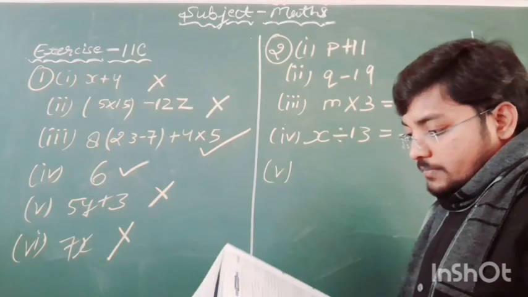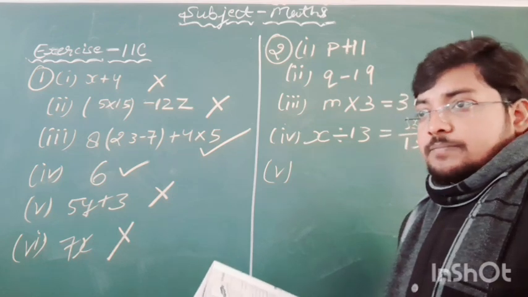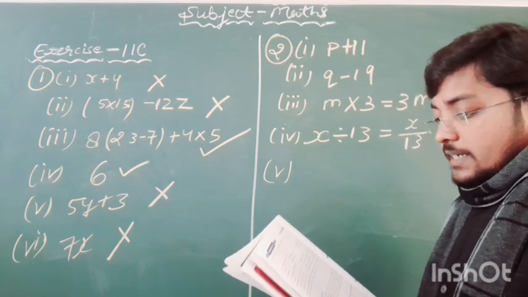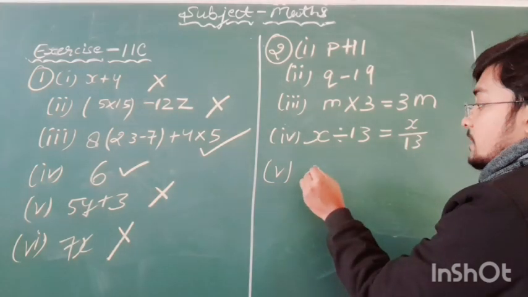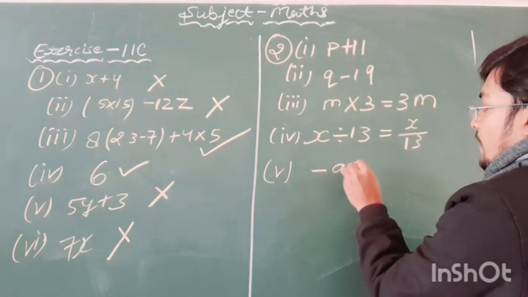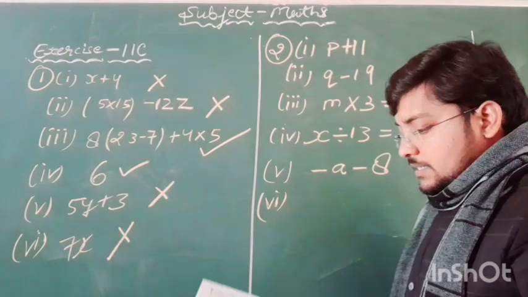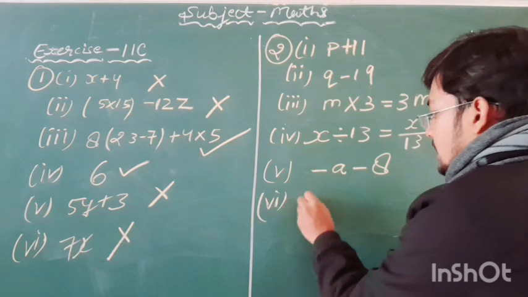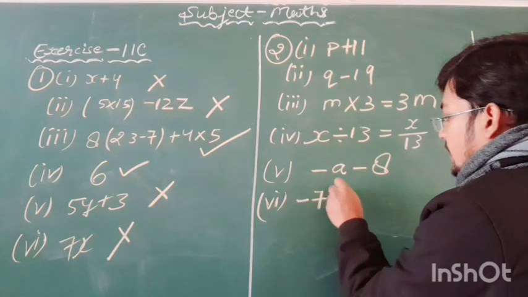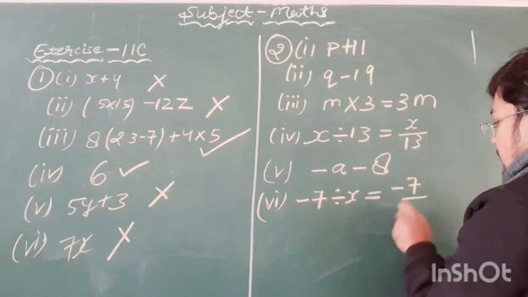Fifth, 8 subtracted from minus a. 8 subtracted from minus a means the required expression is minus a minus 8. And sixth is minus 7 divided by x, or minus 7 upon x.